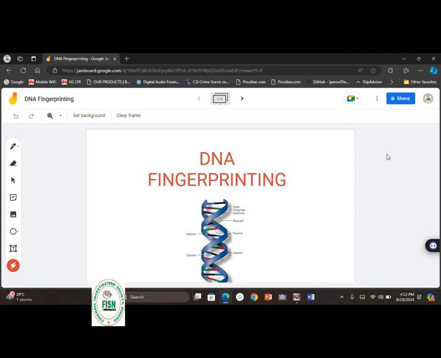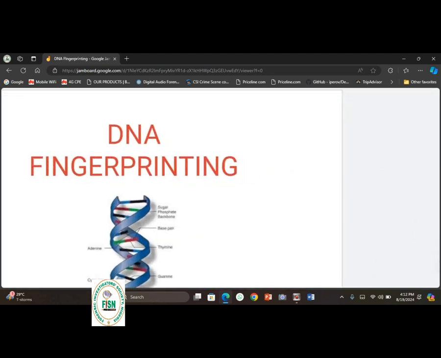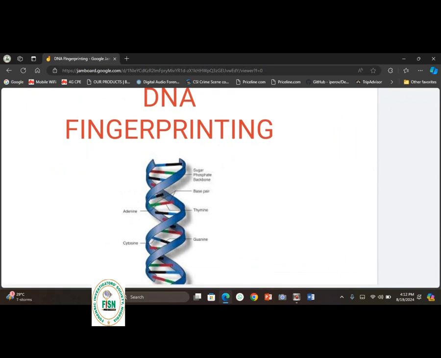So, the four nucleotides that constitute the sequence of DNA are: number one, adenine, represented by A. Let me expand this one. You have adenine here, represented by A, and this adenine bonds itself exclusively with thymine.